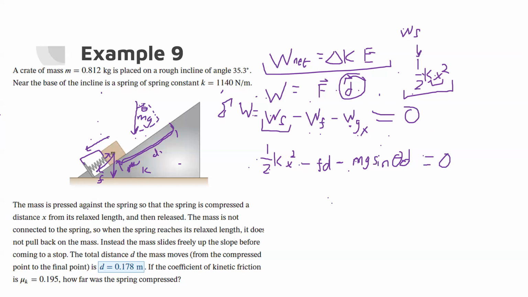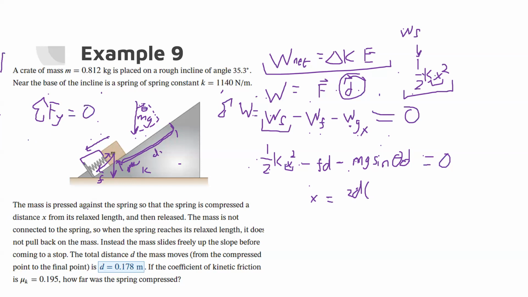And then I can solve for x squared, for this x here. And I get that x is equal to 2 times d times, oh, I don't know what the force of friction is. So I have to calculate that, but I can because I know that the sum of the forces in the y direction are equal to 0.